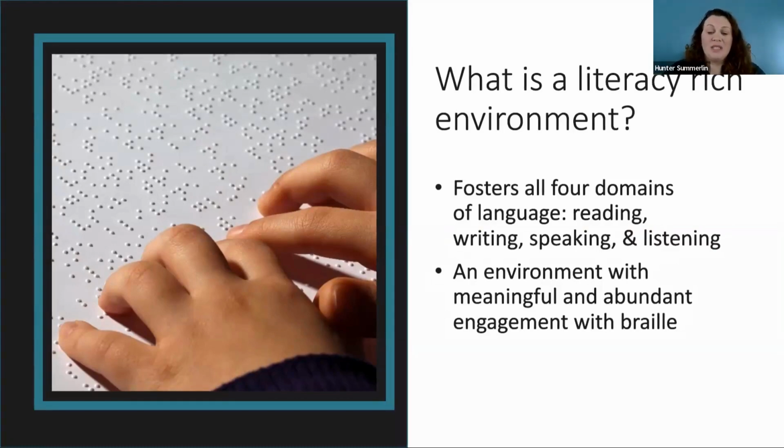You might have some students in groups and some working individually on different activities that are literacy focused. A lot of us think of this as more of a school for the blind kind of classroom where you would have a literacy-rich environment for the entire classroom.